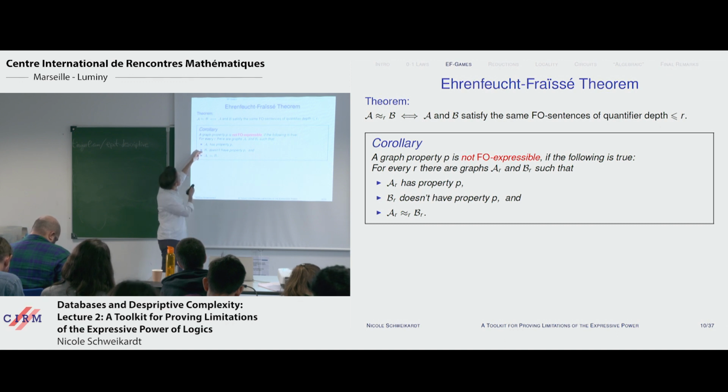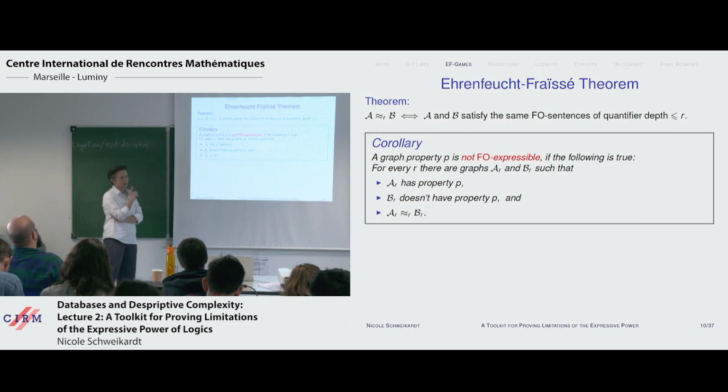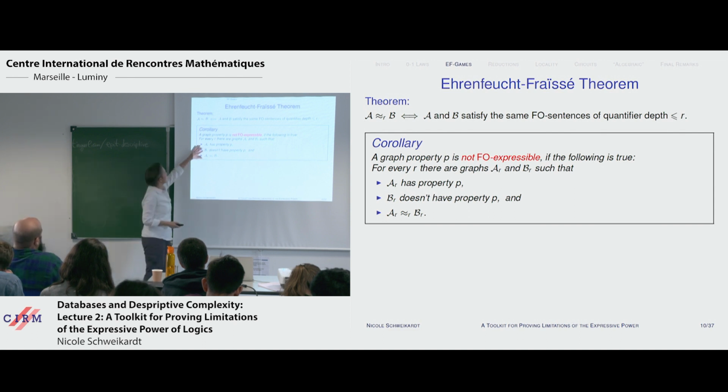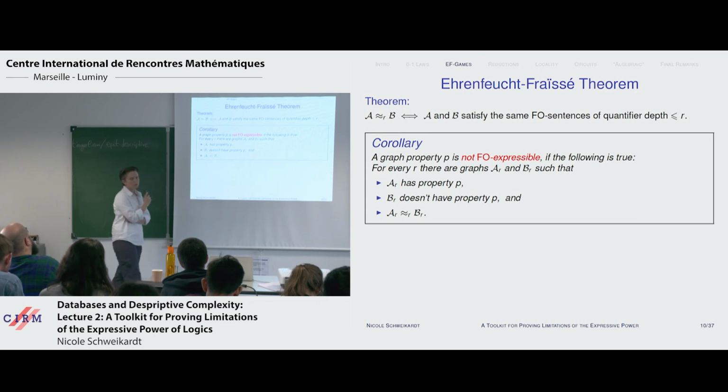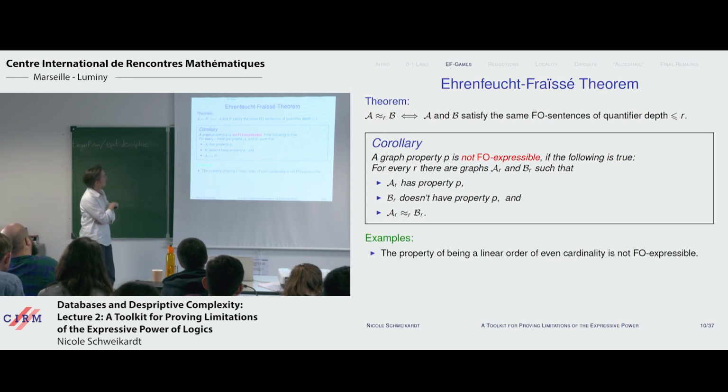And why will this tell you that the property is not expressible? Well, if it was expressible, it was expressible by a sentence that has some quantifier rank, and this contradicts that. And that's the structure of most of the proofs where you use Ehrenfeucht-Fraïssé games to show that something is not expressible.